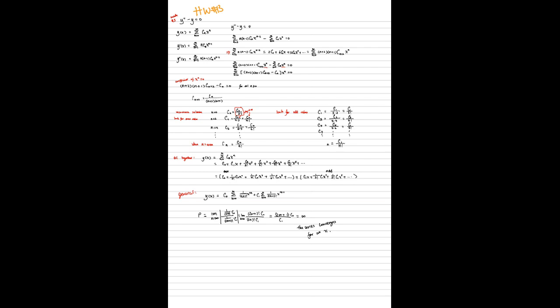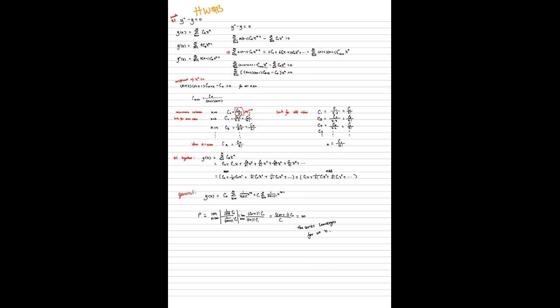Then we take the coefficient of x to the n equal to 0, which is n plus 1 times n plus 2 times c of n plus 2 minus c of n equals 0 for all n greater than or equal to 0. Then we put c of n on the right hand side and divide by n plus 2 times n plus 1. Then we do the recurrence relation.